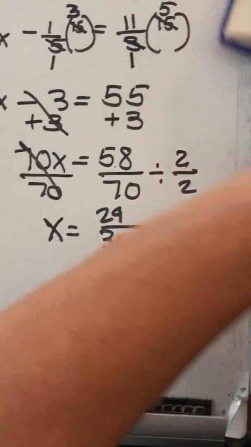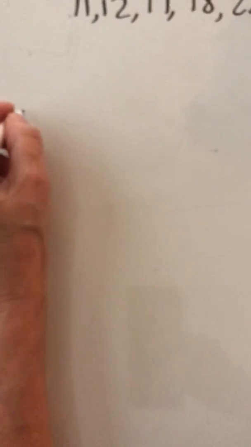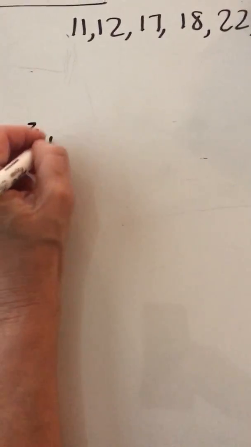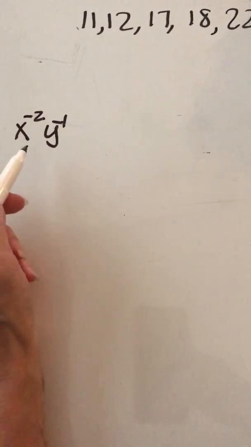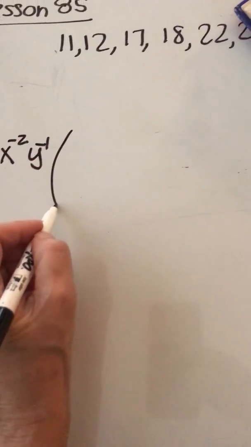Last problem is number 26 for lesson 85. This was a long one, huh? All right, so we have x to the negative 2, y to the negative 1 outside the parentheses.